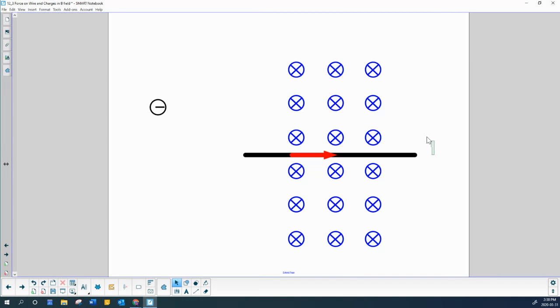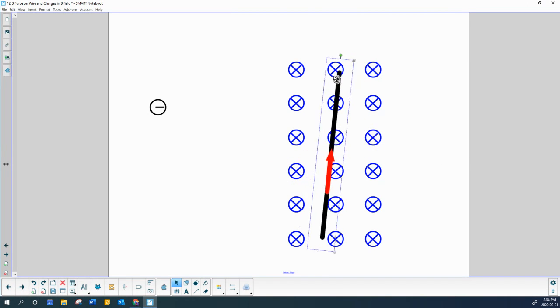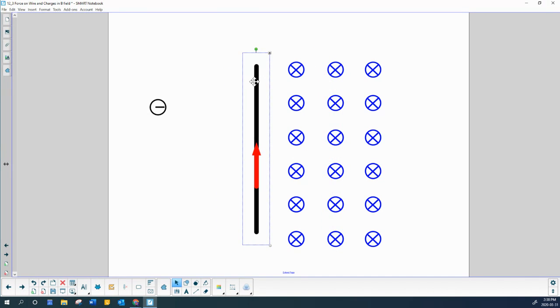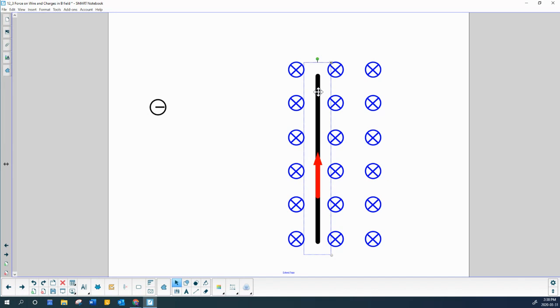If I rotate this wire, change the orientation, and send electrons from the bottom to the top, let's just do that. So now as the electrons go from the bottom of the page to the top of the page, we'll still get a force on this, because we still have a case where the electrons are going in one direction towards the top and our magnetic field is into the page.